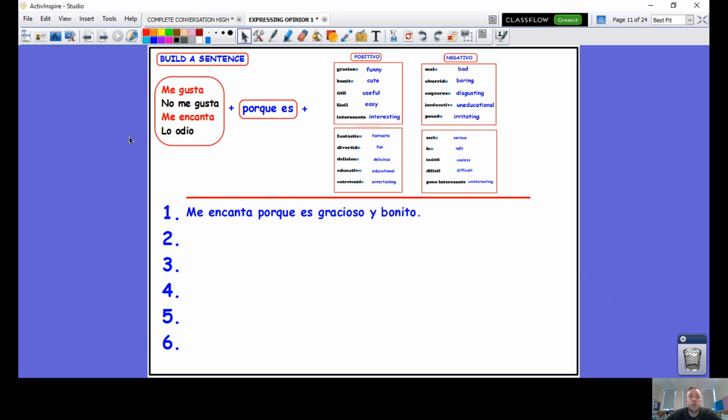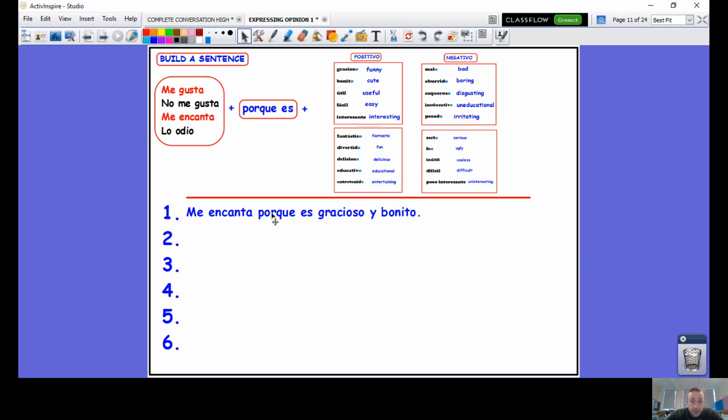Let's have a look at what you're going to do. If you can print this sheet off, that would be amazing. If you can't, then all you actually need to do is look back at the handouts on the PDF and copy onto a piece of paper your sentence. So you're going to have a sentence starter at the beginning. You're going to have your connector, and you're going to choose one or possibly two positive or negative adjectives to finish your sentence.